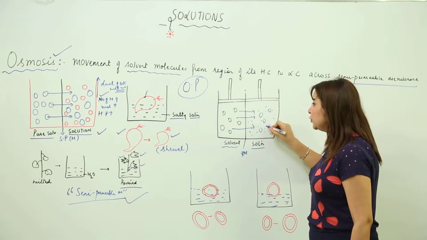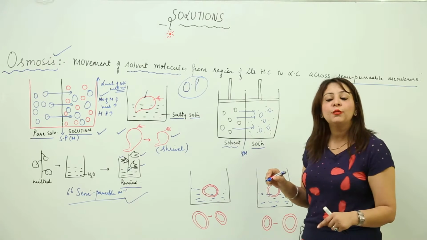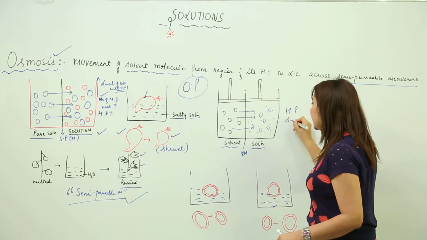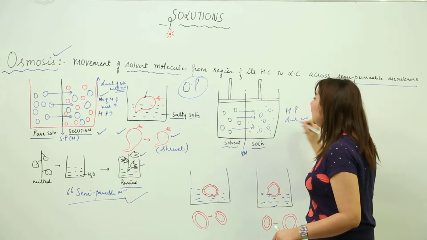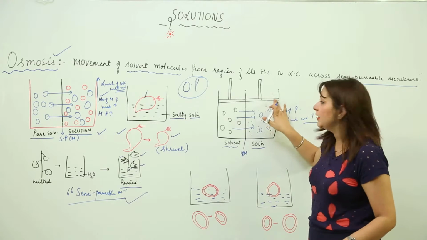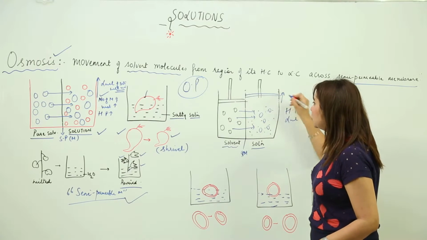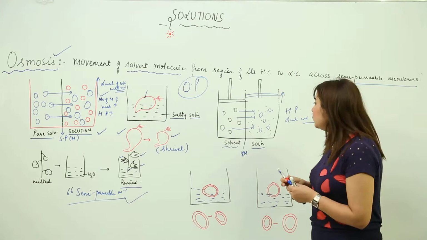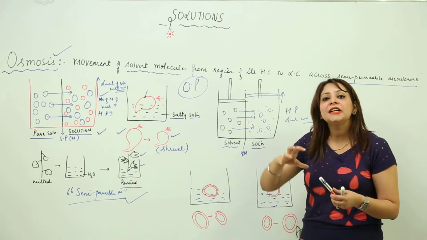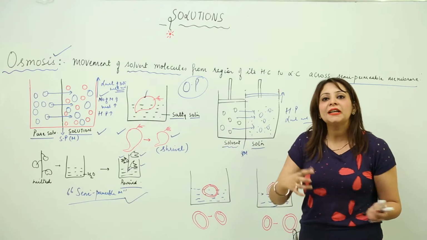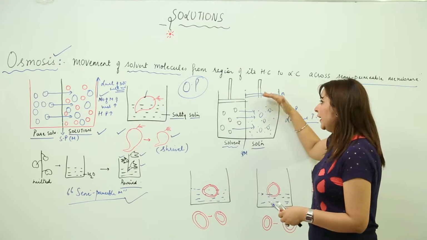With the passage of time, as the number of water molecules increases, hydrostatic pressure will increase, the level will increase, and you will see that the piston on this side will start moving upwards. Let's say it will move from this place to this place. So osmosis is increasing the level of the solution on the side where the solvent particles are carried.